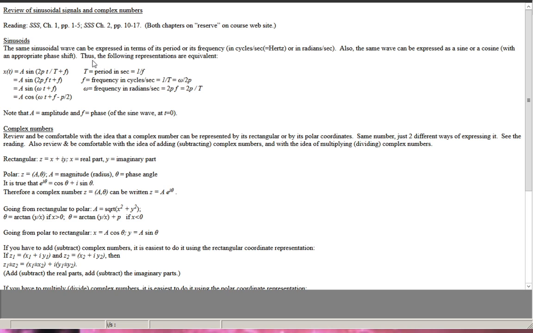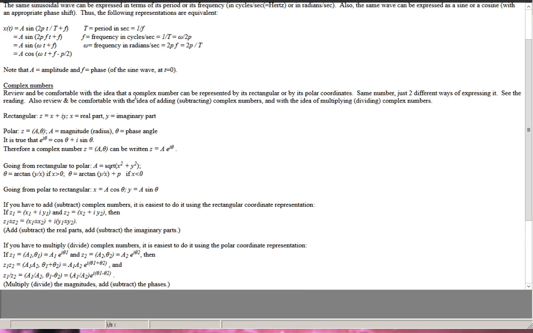X sub t, a sine wave, and so on. Complex numbers: review and be comfortable with the idea that a complex number can be represented by its rectangular or by its polar coordinates. Same number, just two different ways of expressing it.